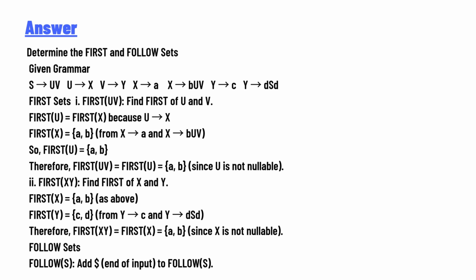First sets: first(U V), first(U) and first(Y). First(U) is first(X), because U → X. First(X) is {a, b}, from X → a and X → b U V, so first(U) is {a, b}. Therefore first(U V) is first(U), which is {a, b}, since U is not nullable. Pause the video and go to the calculations.